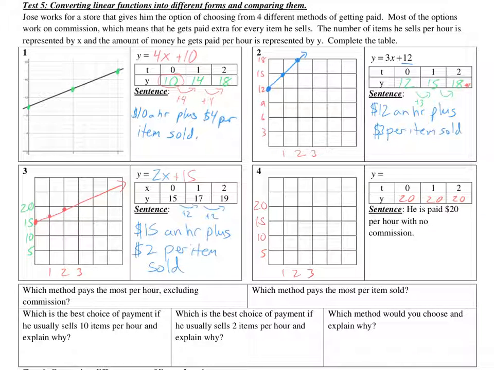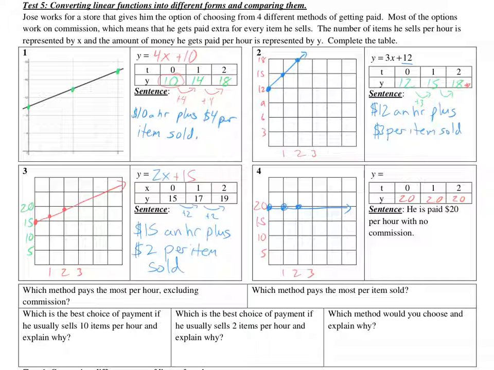So wouldn't 0 be 20? Wouldn't 1 be 20? Wouldn't this be 20? Do you see a pattern? Do you see how it's a flat line at 20? No matter how much Jose sells, he stays at $20 an hour, which is good payment per hour, but he stays at this flat line.